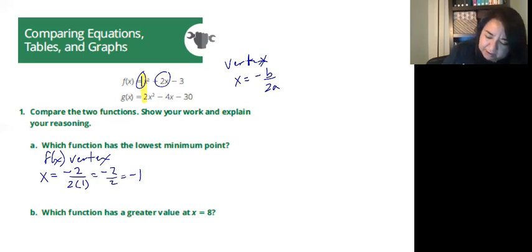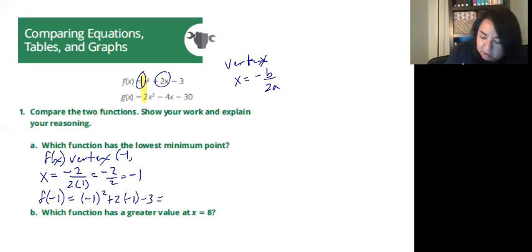So I have found the x-coordinate of the vertex for that function. Now I need to evaluate f of negative 1. When I substitute that in, I get negative 1 squared plus 2 times negative 1, subtract 3, and when I calculate it, it becomes negative 4. So I know that the vertex of this function is at negative 1, negative 4.